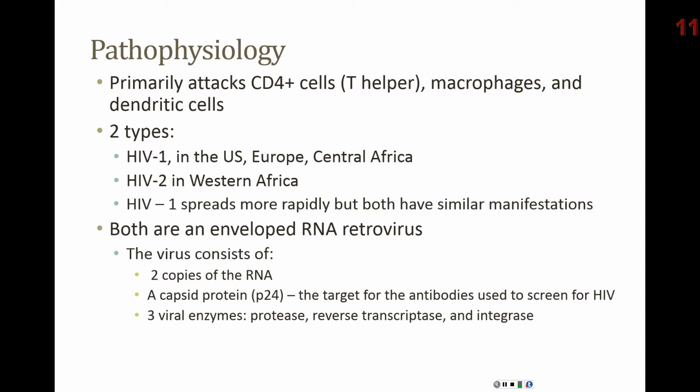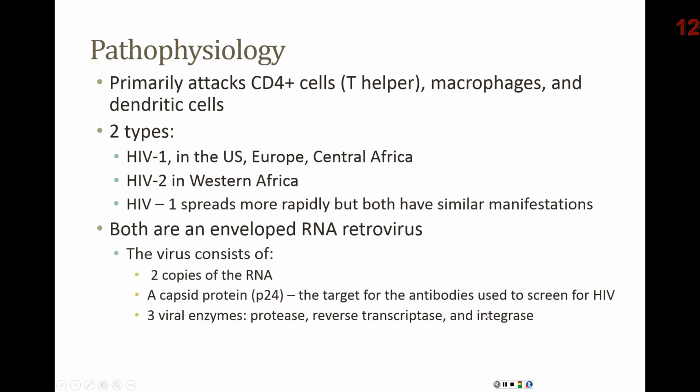Once inside, it uses the reverse transcriptase to create DNA, and then the new DNA enters the nucleus, and it enters that nucleus using the enzyme integrase. So it goes inside the cell, uses reverse transcriptase to go from RNA to DNA.